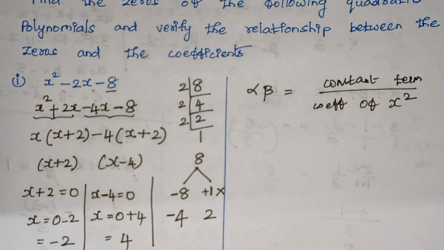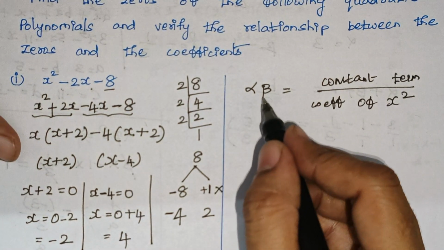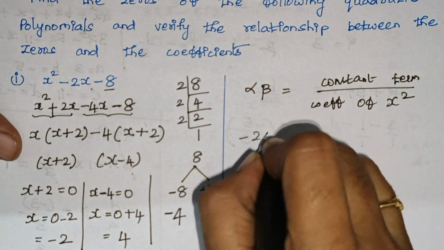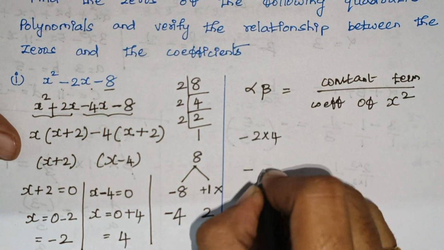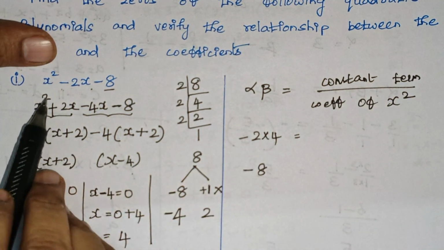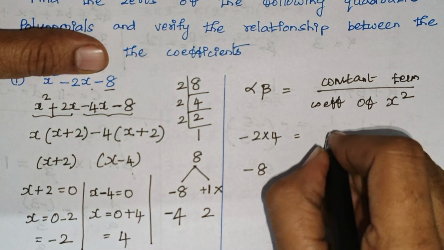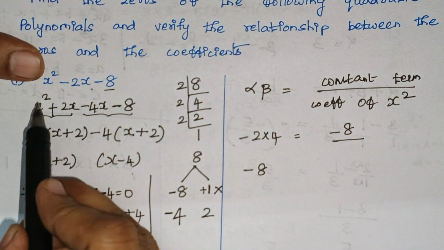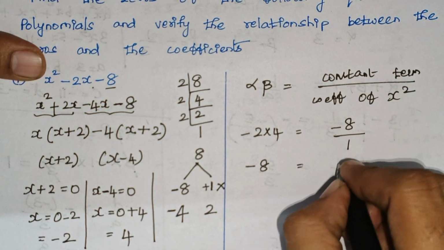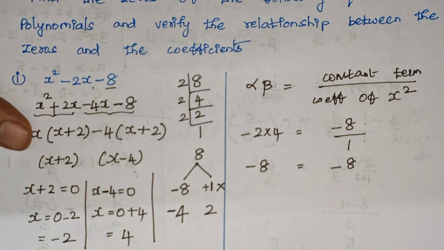So here alpha into beta, the roots are minus 2 and 4, so just multiply. Minus 2 into 4 is nothing but minus 8, which is equal to, what is the constant term here? It is minus 8. So minus 8 divided by coefficient of x square, which is 1, so minus 8 by 1, which is equal to again minus 8.